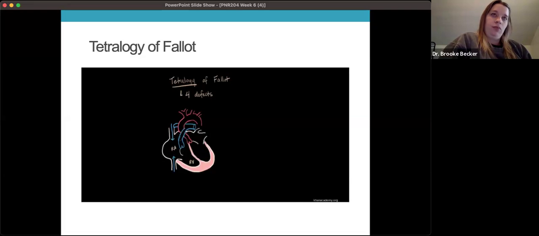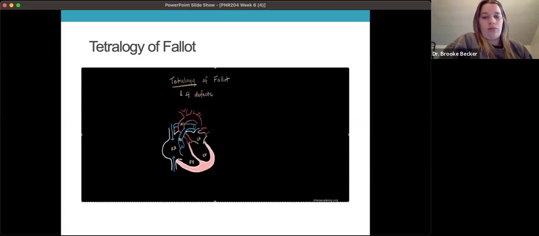Remember that any vessel that receives blood going out of the heart is an artery. So even though it's an artery, it's still blue deoxygenated blood. From the lungs, red oxygenated blood returns here via the pulmonary veins into the left atrium. There it goes to the left ventricle, and it goes out this big red structure, the aorta, to the body.